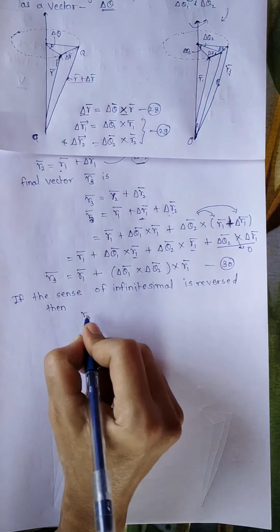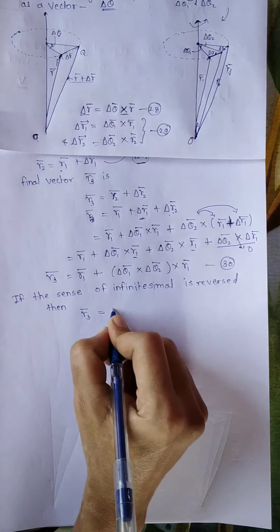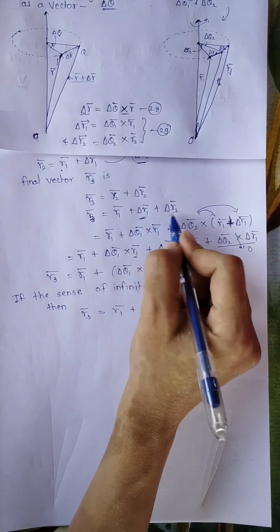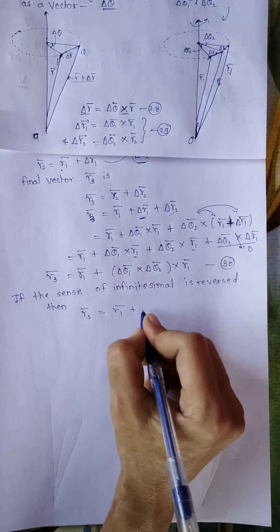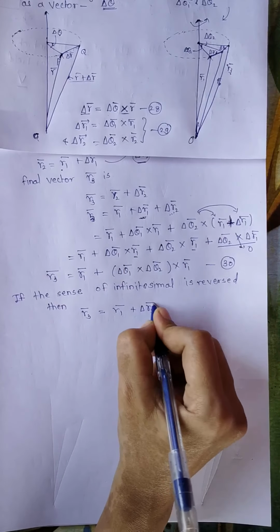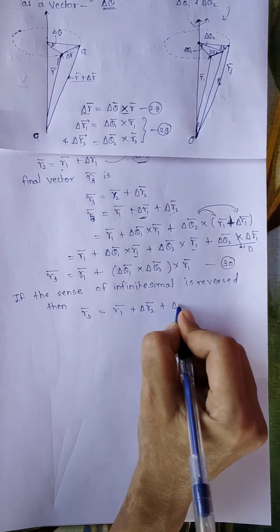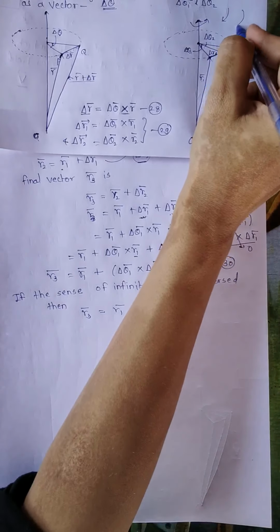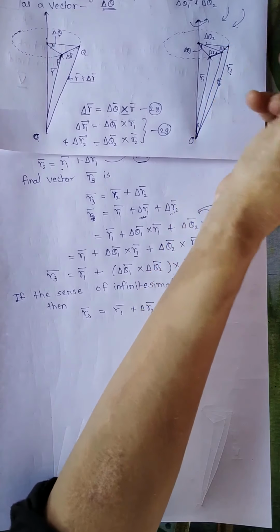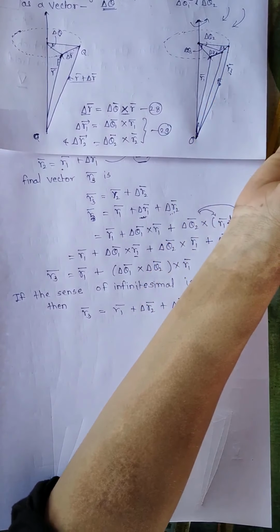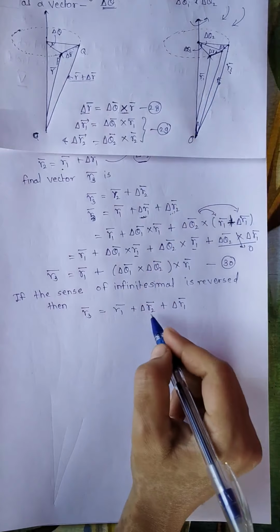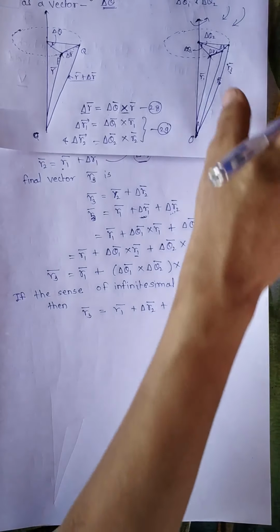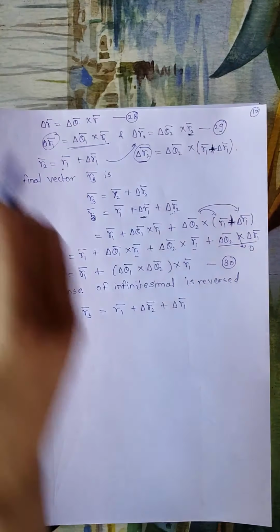This r3 bar will become r1 bar plus these infinitesimal displacements reversed, meaning first we will write delta r2 and then a displacement delta r1, since the direction of rotation is reversed. So in the reverse sense, the first displacement that occurs is delta r2 and second it will be delta r1.